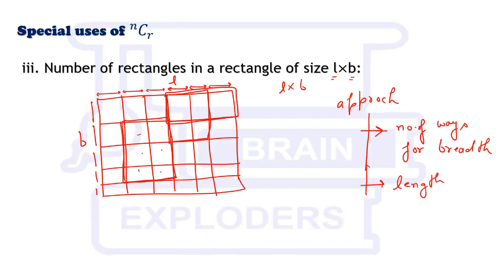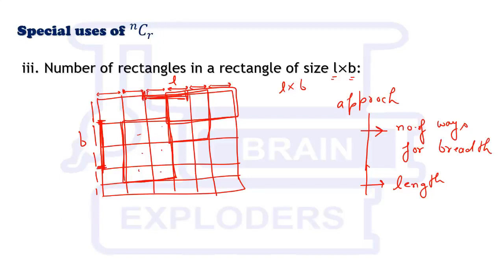What I am saying is, suppose we selected a breadth here like this. Suppose we selected this line segment, this part for the width.